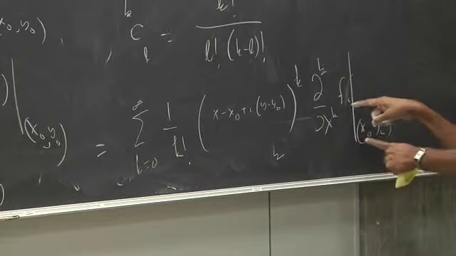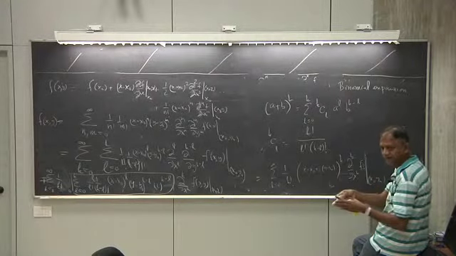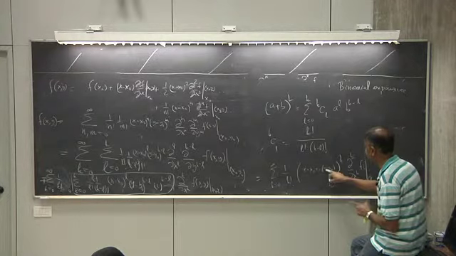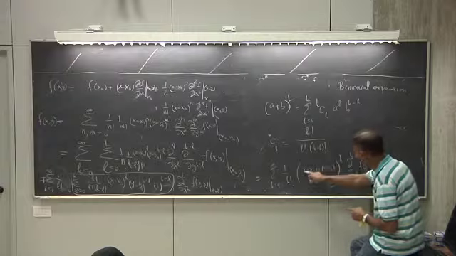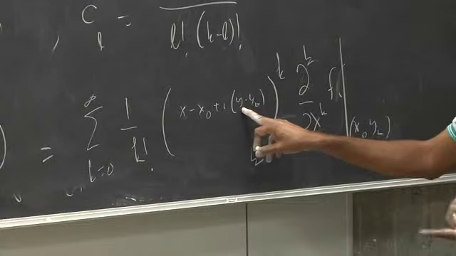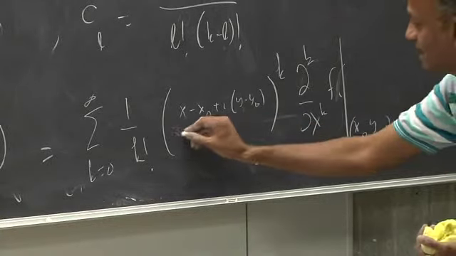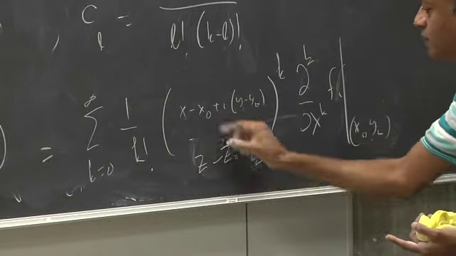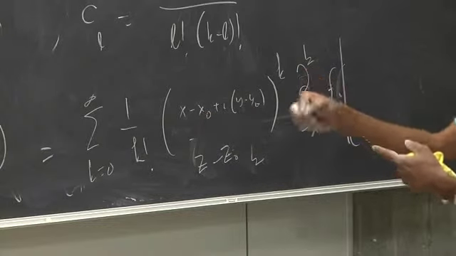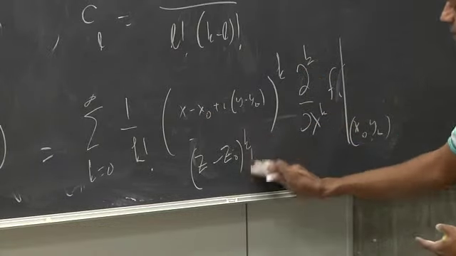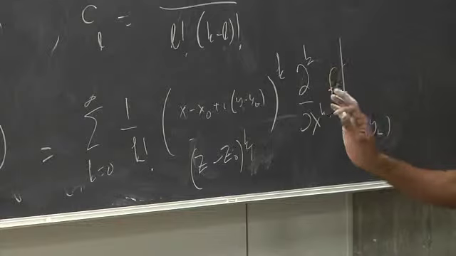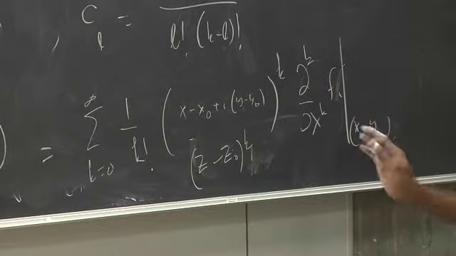These are just some numbers, because this is evaluated at a particular point. The only x and y dependence is all here, and notice it comes as x plus iy, which is what we call z. So this is nothing else but z minus z0, where z0 is the point around which you are expanding. So z minus z0 to the k. See, there is no z bar. In the Taylor expansion of this function, only z appears, not z bar.